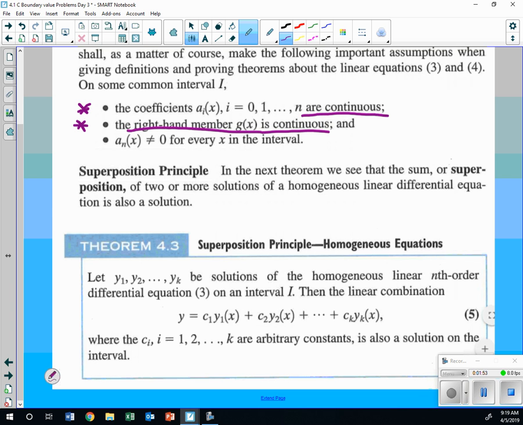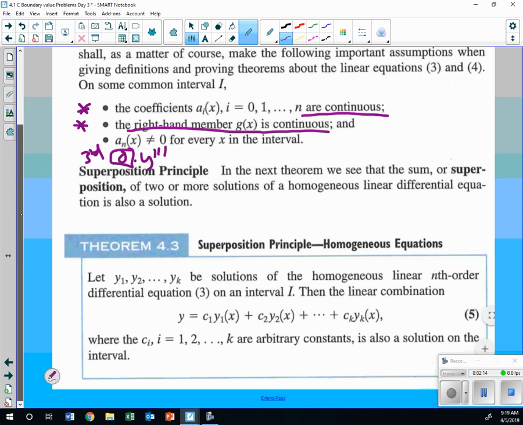And then the first term is not 0, because then it wouldn't be the differential equation we're looking at, first, second, or third order. If we're looking at third order, that means we have y triple prime, and what's in front of it isn't 0, because then it would be a second order.